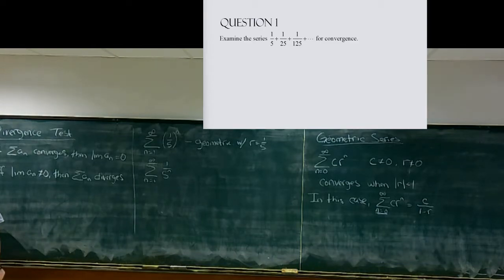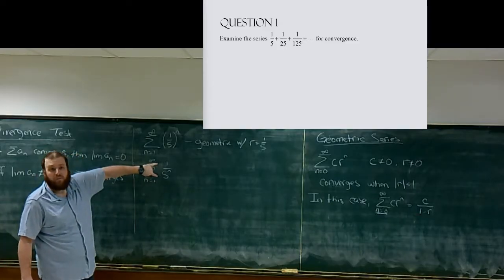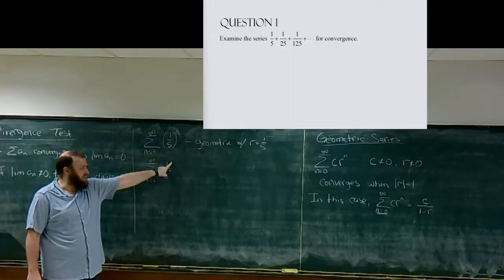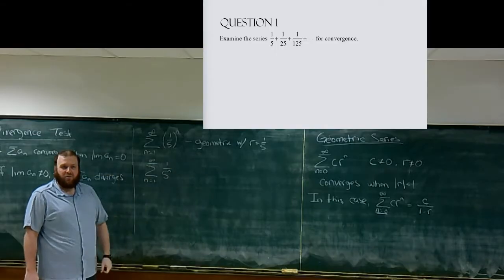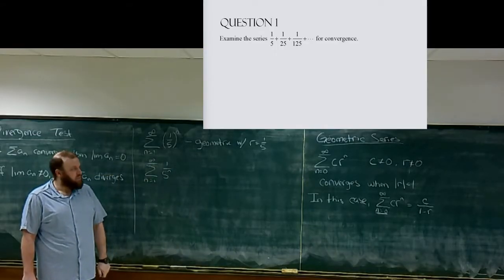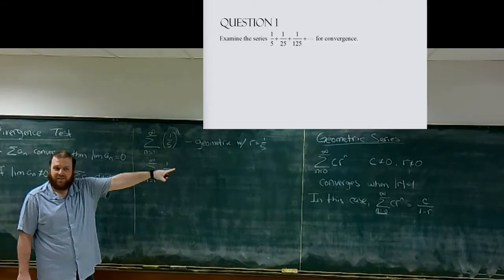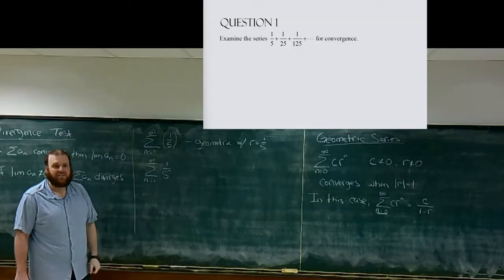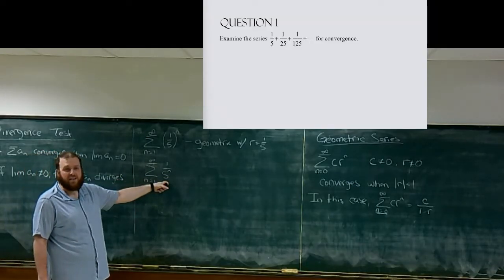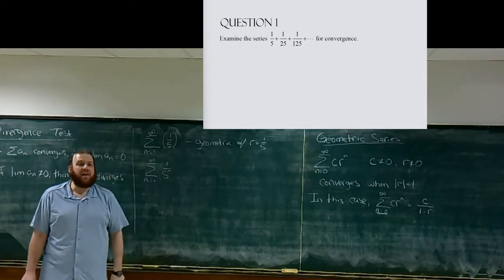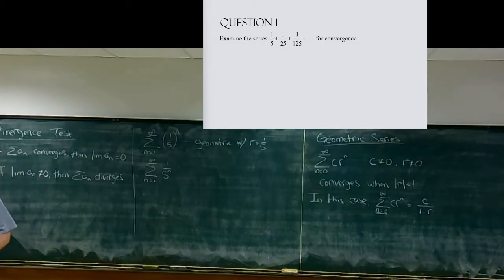No, R would be 1/5, because you're still raising the whole thing to the nth power. You couldn't say R is 5 because that doesn't say 1 over R to the n. It's just R to the n. So this whole thing would have to be raised to the nth power. But since it's 1 to the n, and 1 to any power is still 1, you can just raise it to the nth power and you're done.